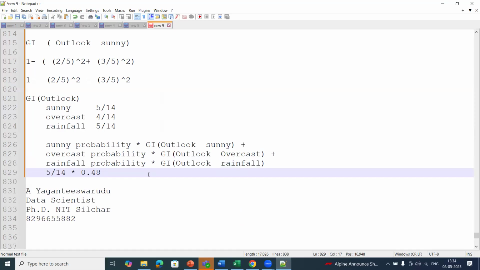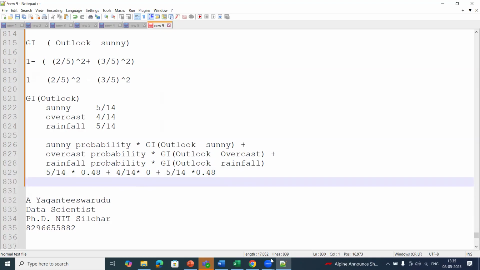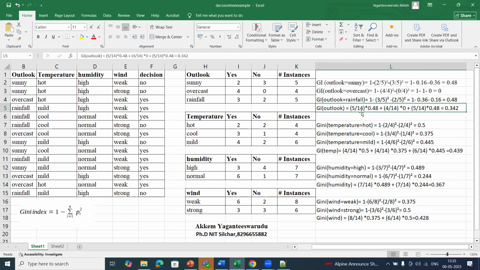So 5 by 14 into 0.48 plus 4 by 14 into 0 plus 5 by 14 into 0.48.